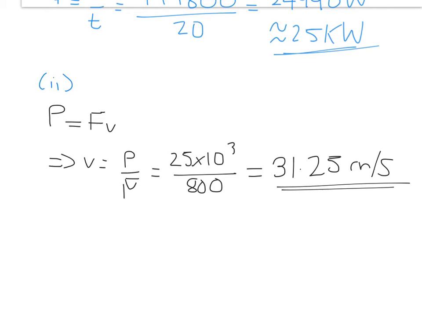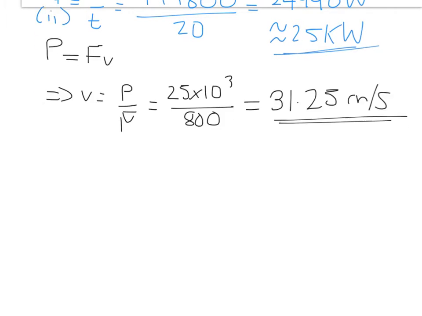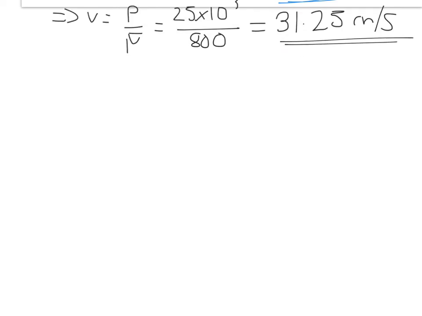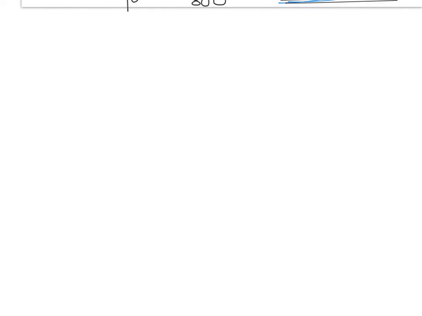Find the driving force and the acceleration of the car when its speed is 10 meters per second. So let's get some space. Okay, so first off, we can find the driving force at that given speed.